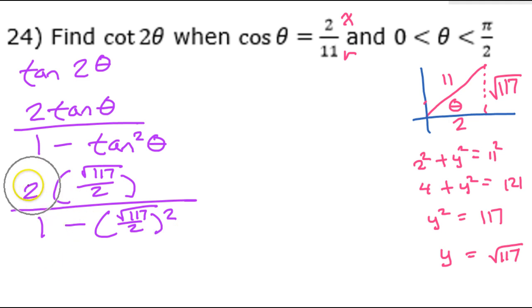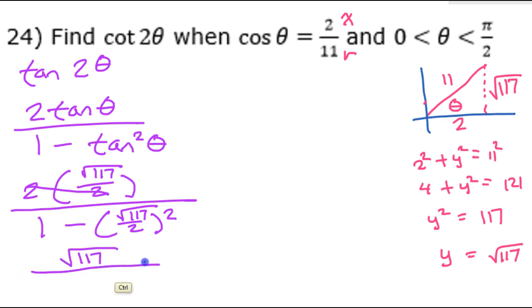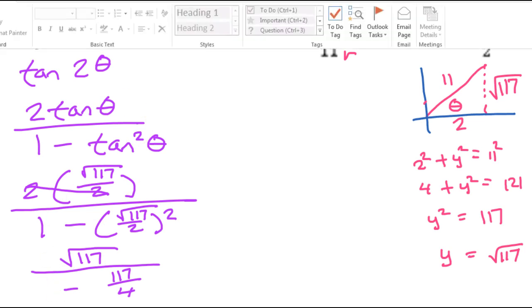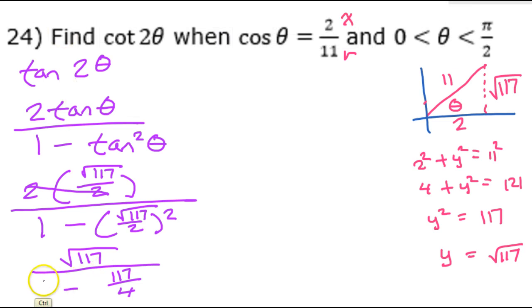Okay, so look, these 2's are going to cancel each other out, so that's leaving me with a numerator of radical 117. Okay, and in the denominator I have 1 minus, when you square a radical, the radical goes away, so that's going to be 117 over 4. I still have to square the denominator. Now I'm going to use the magic of the number 1 when it comes to like denominators, because I can write 1 as anything over itself, including 4 over 4, so that I will have like denominators.